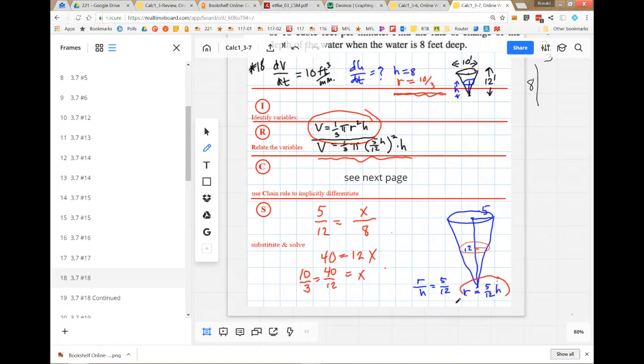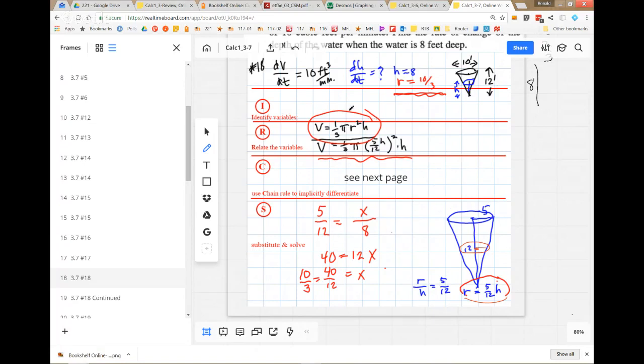So this relationship down here, r equals 5/12 the height, I needed. Otherwise, I've got too many variables up here. And notice we don't really have anything given about the radius in the problem. Well, I guess we do. We were told the diameter is 10, so the radius is 5. But the problem is we need this ratio.